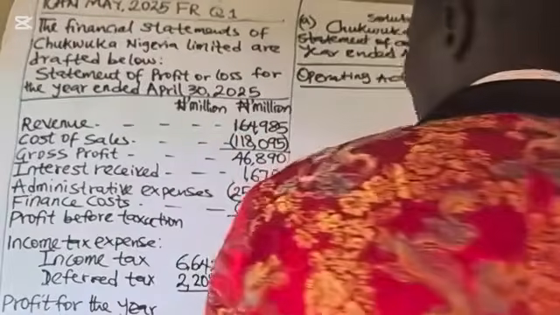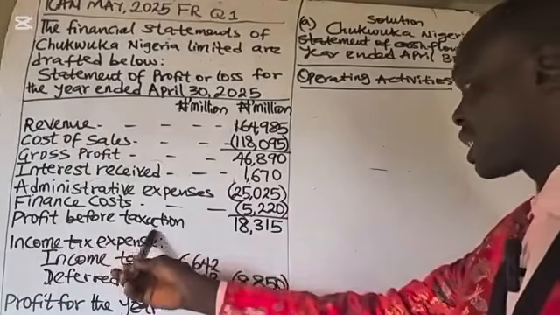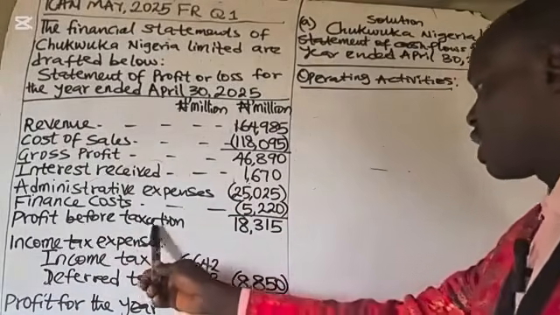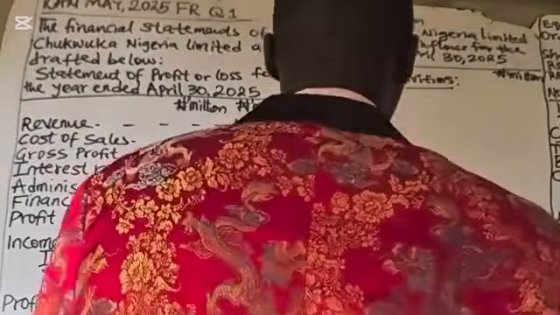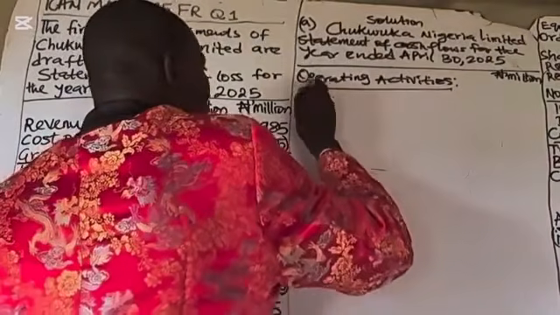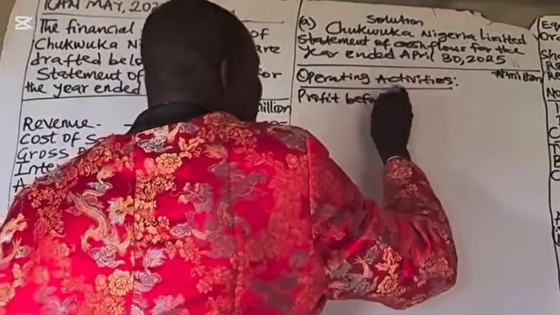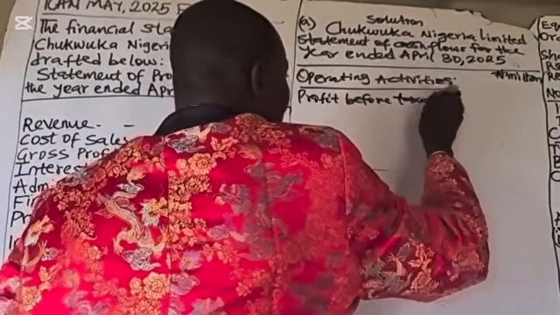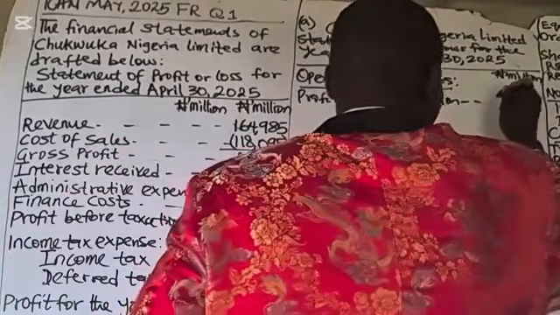So you are starting with the operating profit, or you can start with the profit before taxation, which is 18,315,000,000.